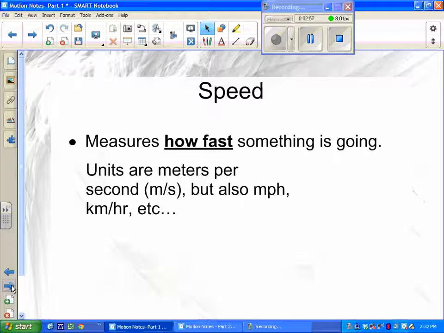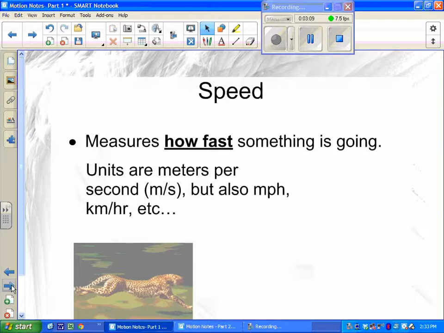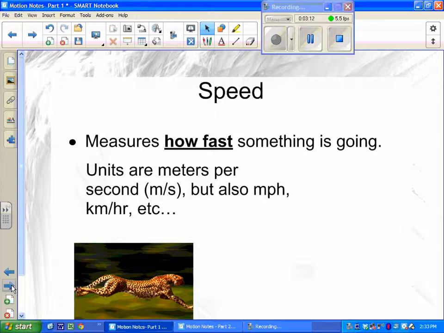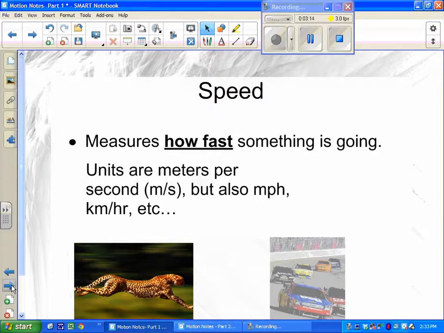If you're measuring the speed of a snail, it might be inches per minute. It's basically any unit of distance divided by any unit of time. Some things that are fast: a cheetah, and NASCAR car racing, they're pretty fast too.